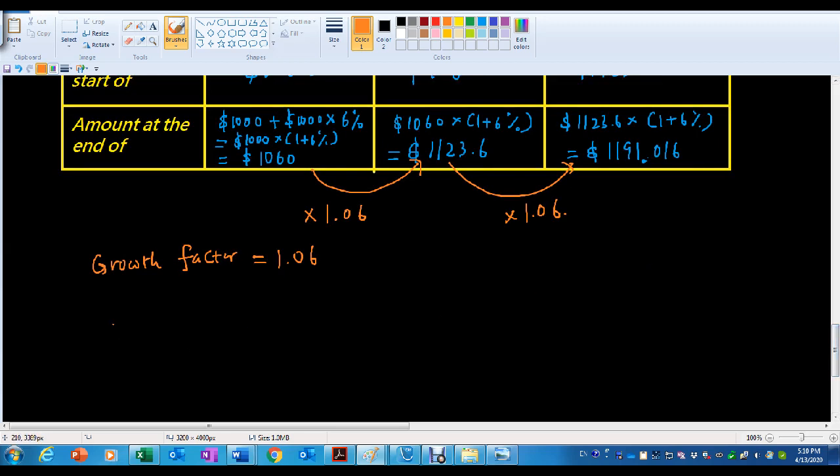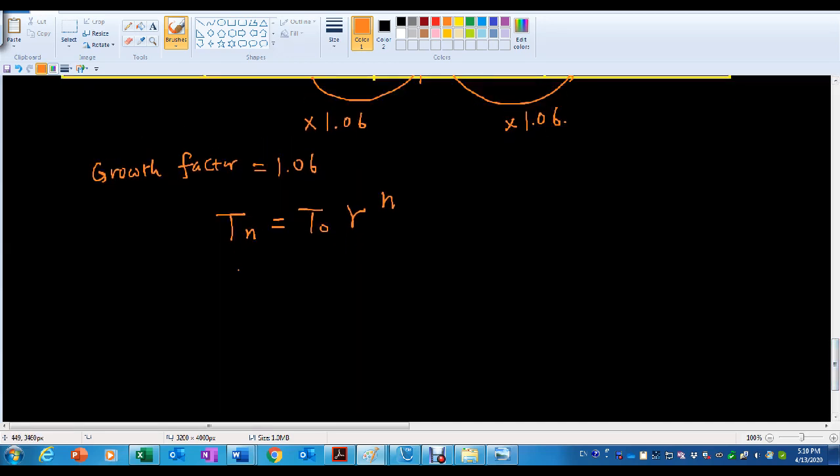Also your formula would be like this. Again, we're going to use this one, just like an exponential growth, but this time Tn would be our An.